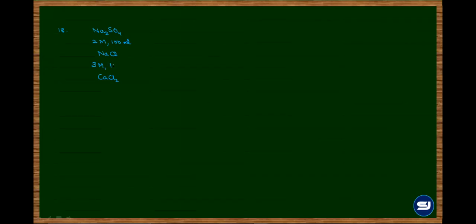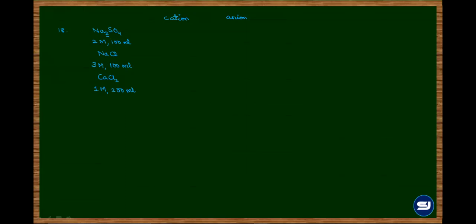Always remember the molarity and volume together gives you the moles directly. The product of both of them gives you moles, and if the volume is in ml, it will give millimoles, right? So now, if I talk about the cation and the anion, in case of Na2SO4, the moles of the cation would be twice of what we have over here.